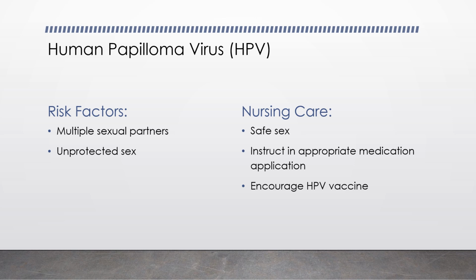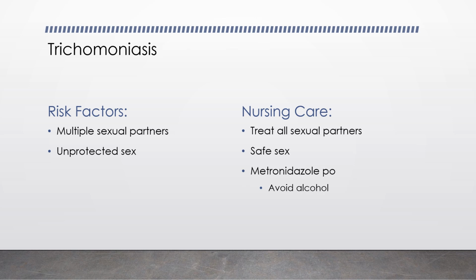And human papillomavirus has also been associated with cervical cancer. So not only receiving this vaccine will protect against this virus, but also help prevent cervical cancer. And that's another reason for men to get it, so they don't transmit this virus to their female sexual partners.